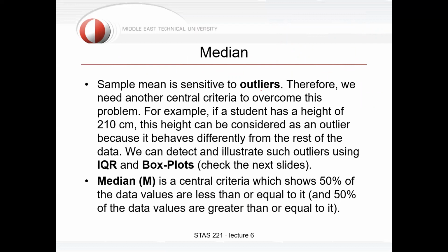So what about another central criteria named median? For median, it is useful because sometimes our data set has outliers and this one can negatively affect your mean. And when I say negatively, it means that your central criteria is not meaningful that much, because you cannot refer to it and say this is the best central criteria.